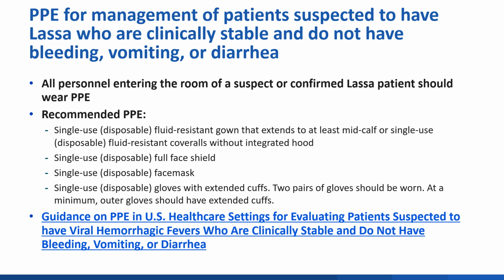For clinically stable patients suspected of having Lassa fever who do not have bleeding, vomiting, or diarrhea, recommended PPE includes a single-use or disposable fluid-resistant gown that extends to at least mid-calf, or single-use or disposable fluid-resistant coveralls without integrated hood, a single-use or disposable full face shield, a single-use or disposable face mask, and single-use or disposable gloves with extended cuffs. 2 pairs of gloves should be worn. At a minimum, outer gloves should have extended cuffs.